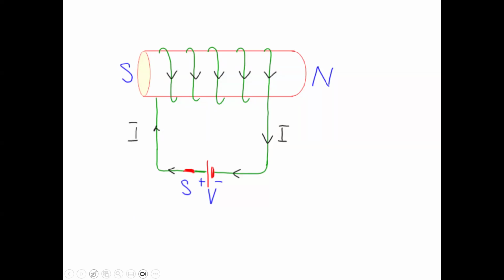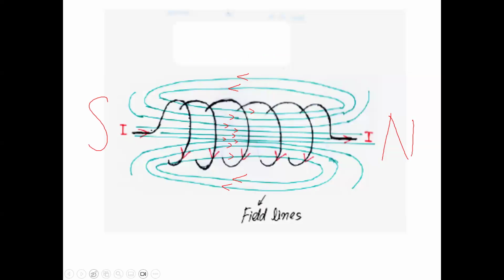Then you have to go back to the previous diagram. Everyone, please pay attention. Go back to that previous class diagram. The diagram is already there. Mark the arrow. This is what Adil was discussing. Now the arrows are north to south outside the solenoid.